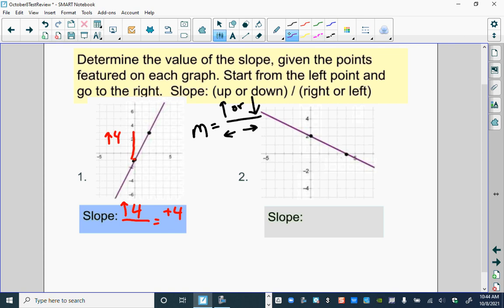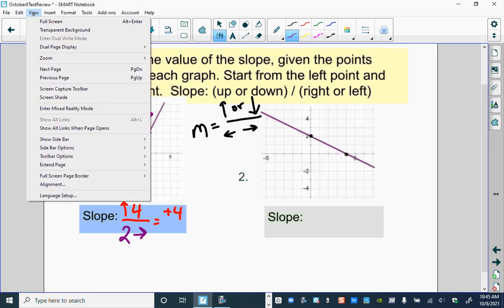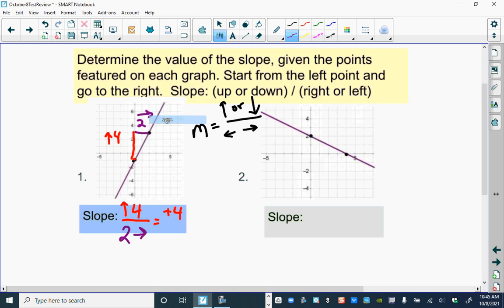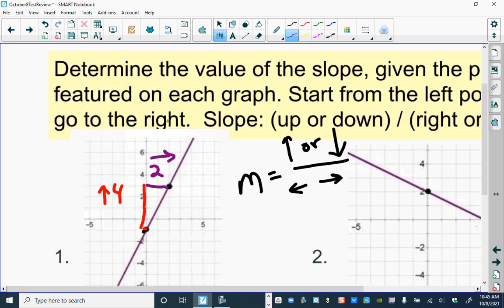Now, what about the second part of the problem? You go to the right. 2 times to the right. It's a little hard to see. I thought it was 1. No, that's true, it did look like it was 1. Let's make that view even bigger.